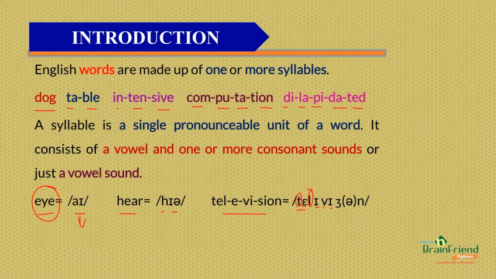And the last syllable is made up of a consonant sound, a vowel sound which is silent, and a consonant sound. But in this case, the consonant sound is now a syllabic consonant. From these, you can see that a syllable is made up of just a vowel sound or a vowel sound and some consonant sounds or a consonant sound.